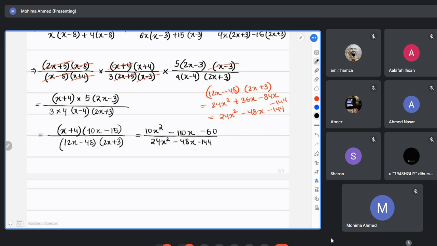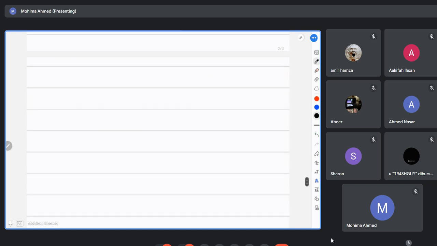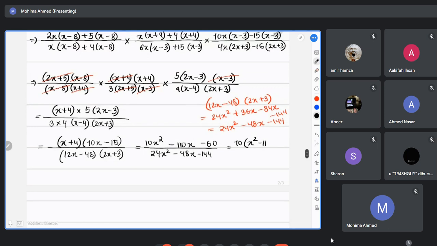Now, I think from the numerator, I can take 10 common, and from the denominator, I can take 24 common. Right? So, from that case, if I'm going to take 10 common, it's going to be x squared, 11, sorry, 11x minus 6, and then again on the denominator, if I take 24 common, let me just see, 144 is divided by 24 or not. Yeah, it is. Again, we're going to get x squared and 48 by 24 is what? 2, I think.